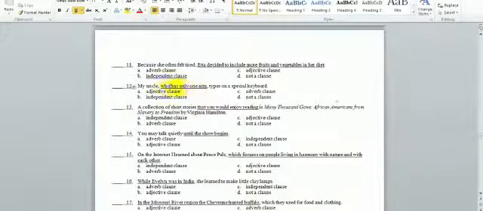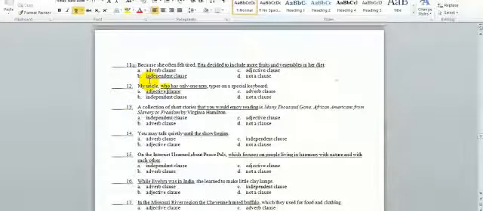And if the clause starts with a relative pronoun, then it is an adjective clause. Guys, an adjective clause is this kind of clause that describes or modifies another noun or a pronoun. So, who has only one arm? This clause is describing or modifying my uncle.